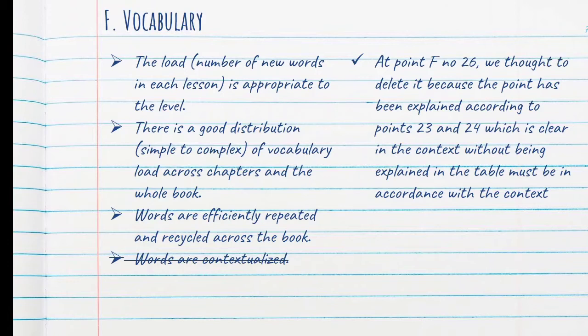Now we jump to point F, vocabulary. In this point, there are four items mentioned here. The first item is the load or number of new words in each lesson is appropriate to the level. The second is there is a good distribution from simple to complex of vocabulary load across chapters and the whole book.